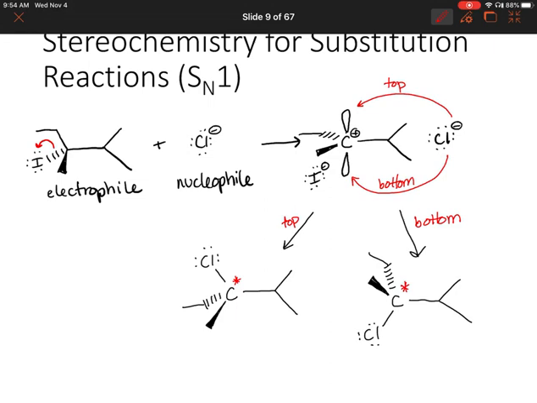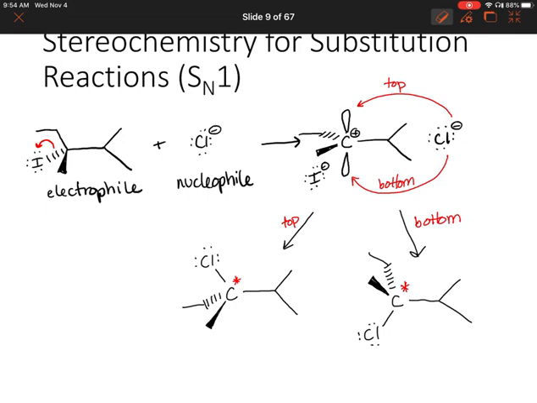Okay, and the other carbon is not a stereocenter, so you might be tempted to say that that carbon is a stereocenter, but it's bonded to two methyl groups, so that disqualifies it because remember, a stereocenter is bonded to four different groups.